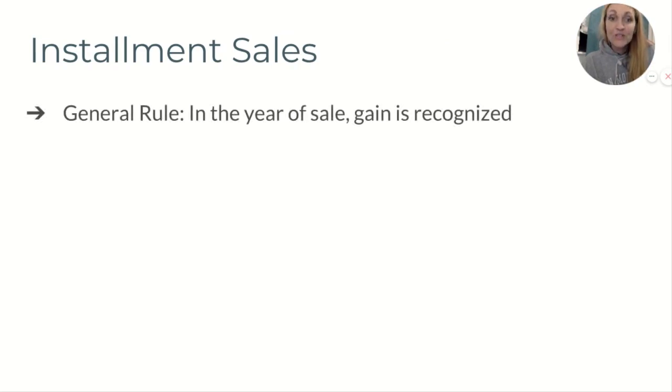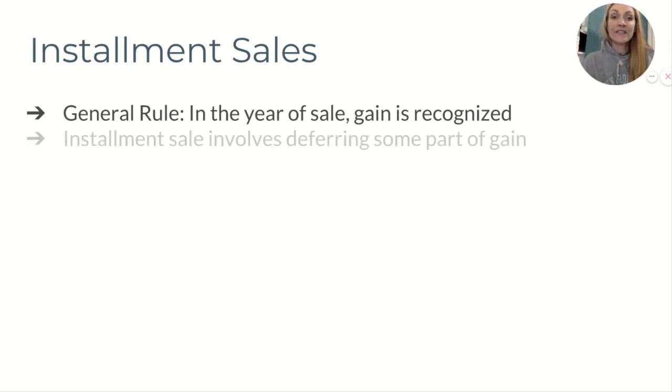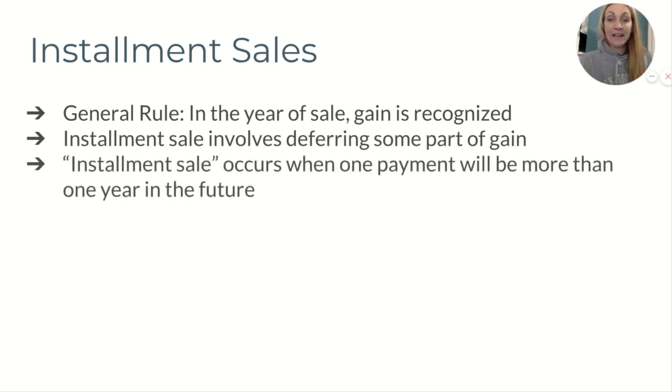Installment sales. So, the general rule here when we sell an asset is that we recognize gain. It's taxed in the year that it's received. With installment sales, that means that we are going to defer some part of recognizing income or gain. And it occurs whenever more than one payment will happen in more than a year of selling an asset.